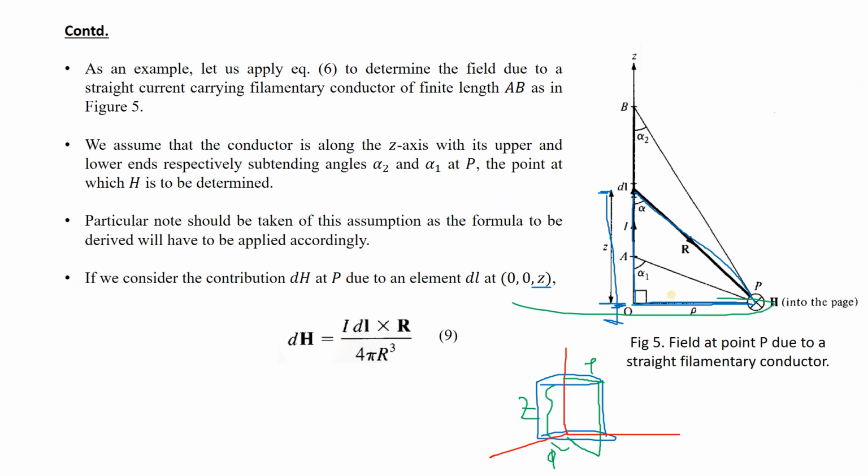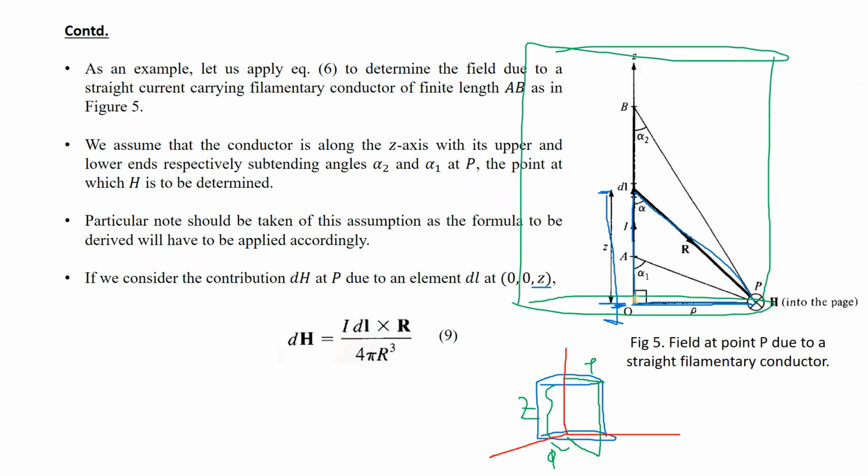Similarly, if you consider a cylinder like this, it is the same thing. This is the radius rho, and over here also this is the angle phi, and the height is z. Suppose this is the cylinder up to here; this is the length of the cylinder.